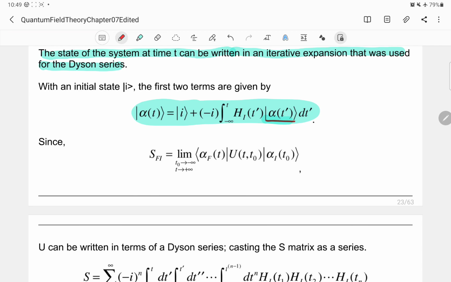Since S_FI is the limit of alpha_F, U, alpha_I as t goes to positive infinity, as t sub 0 goes to negative infinity, it is written here, this expression.